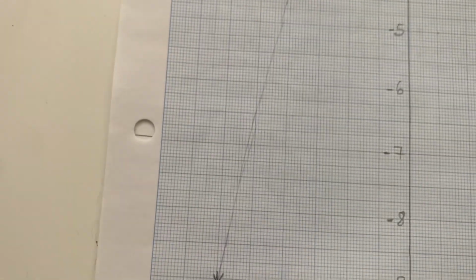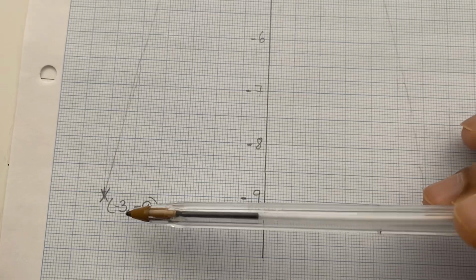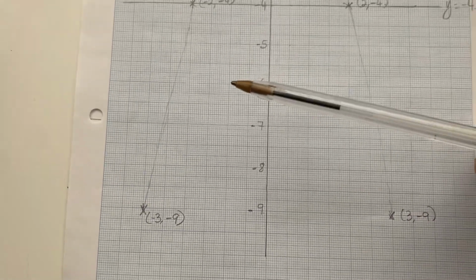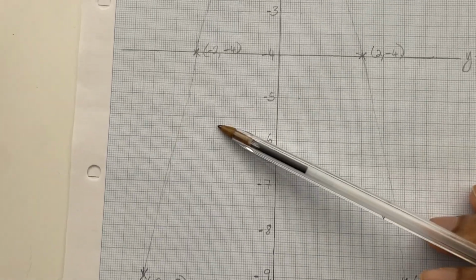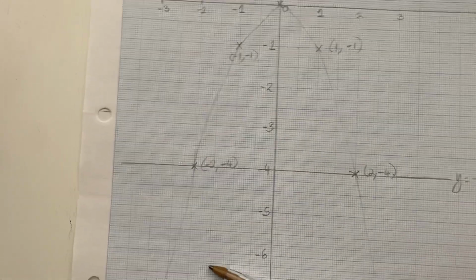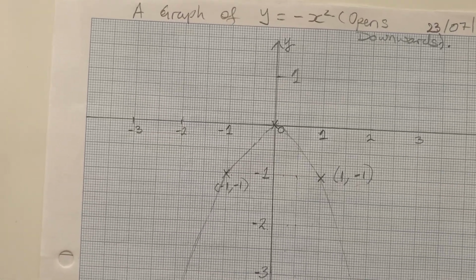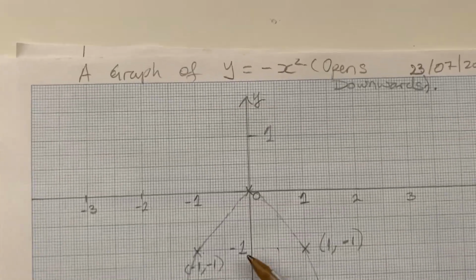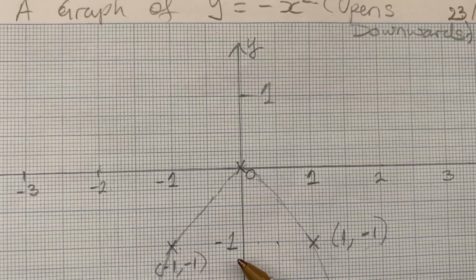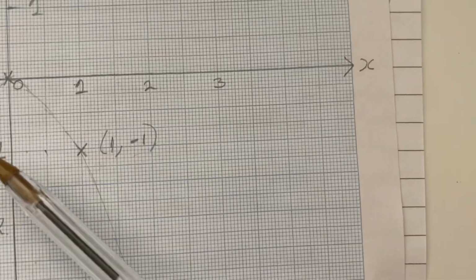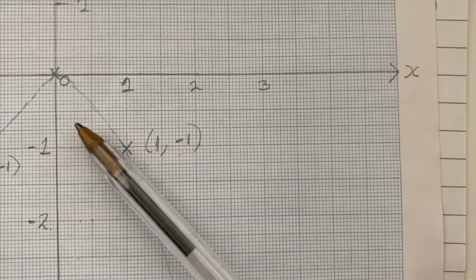So I try and draw the curve. So let's see. Okay, that is how my curve looks. So as you can see, it opens downwards. I've labeled the y-axis. I've labeled the x-axis.